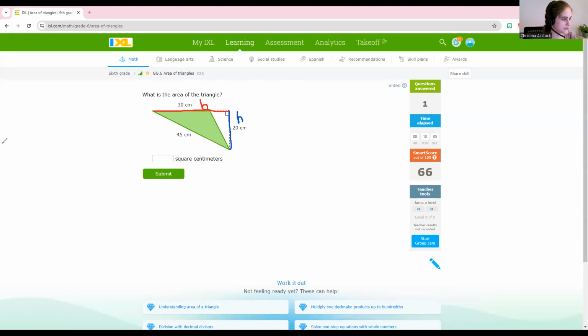Let's substitute all of this into our formula. So area is equal to 1/2, or you could write it in decimal form, times our base of 30 and our height of 20.